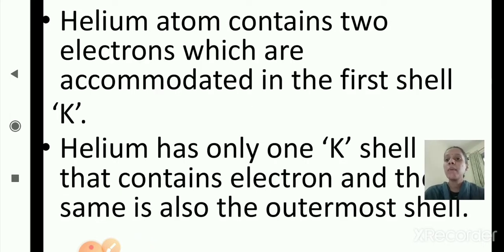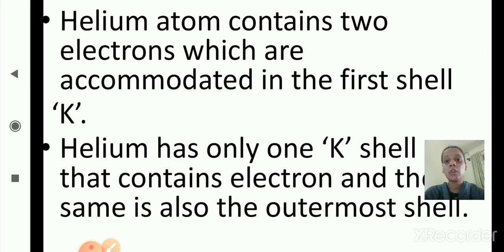Now the helium atom contains 2 electrons which are accommodated in the first shell, K. We have studied the electronic configuration of the helium atom. In the helium atom there are 2 electrons. So in which shell will the 2 electrons be accommodated? That is the first shell, K shell. And what is the maximum capacity of K shell? 2 electrons.